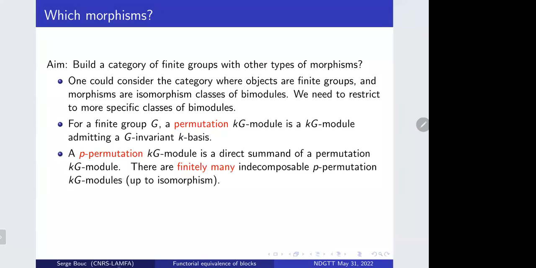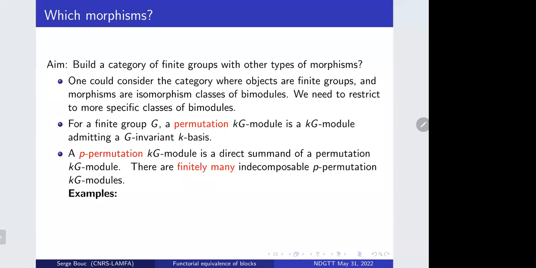Now let me give the important result in that domain: there are finitely many indecomposable p-permutation KG modules up to isomorphism. This goes back to a paper by Broué in 1985, where he parameterizes the indecomposable p-permutation KG modules in a very nice way and gives lots of information on that.